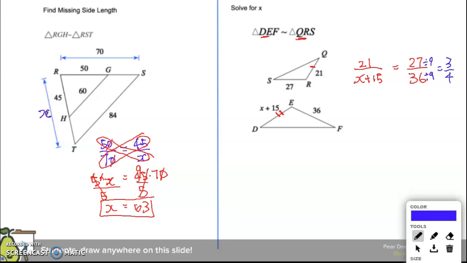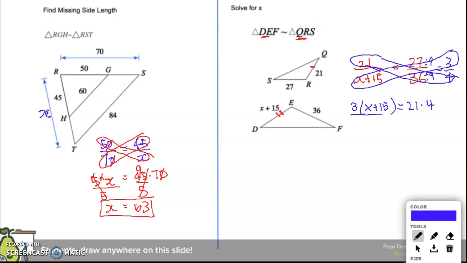Okay, so then at this point, I can cross multiply and that's going to be much easier with a smaller number. So I am left with 3 times x plus 15 is equal to 21 times 4.